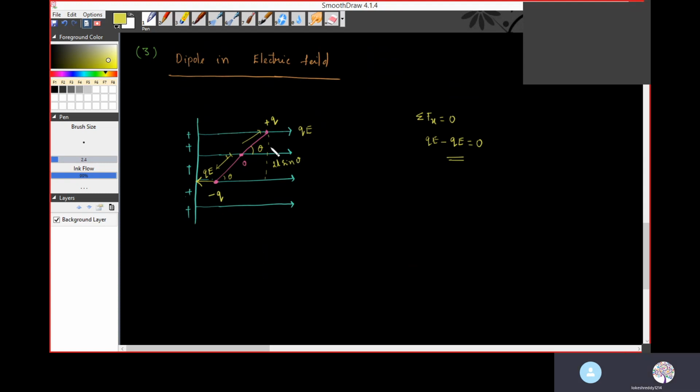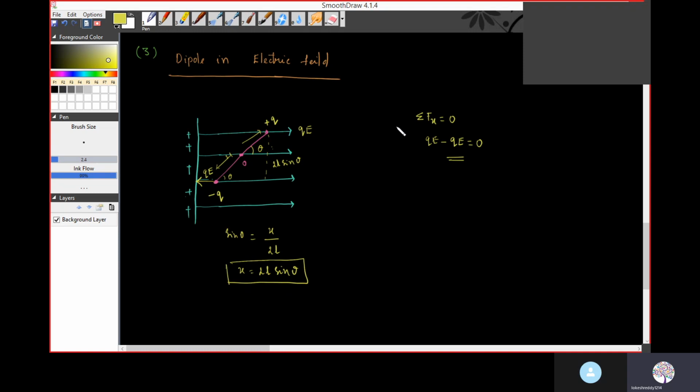Consider it as x. Sine theta is equal to opposite side by hypotenuse. Let us consider this side as x, and the hypotenuse is 2L. So x is equal to 2L sin theta. That's how I got x as 2L sin theta.